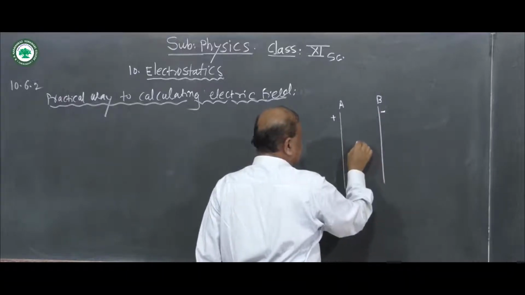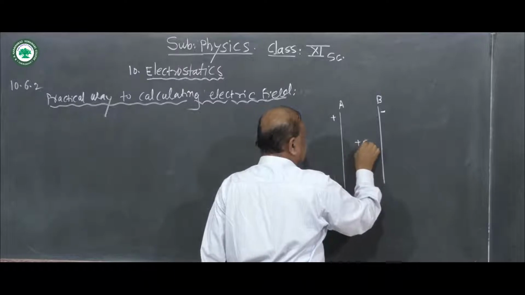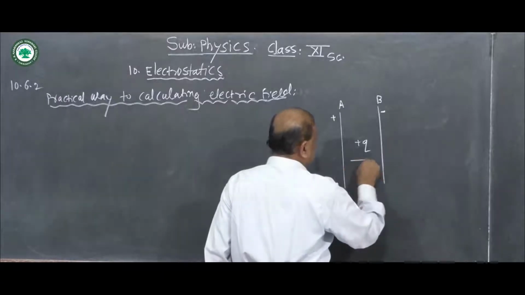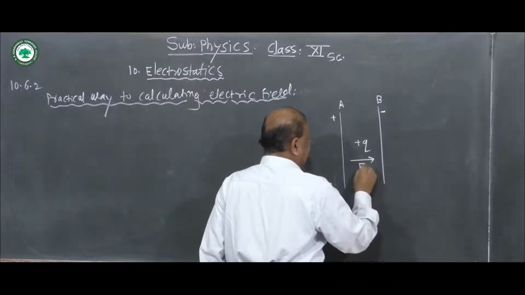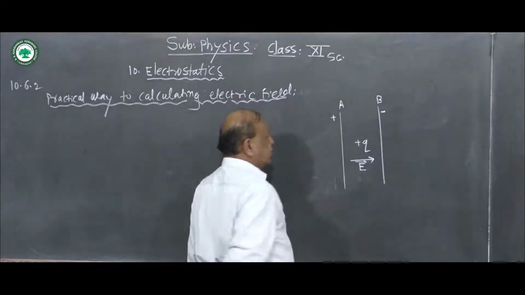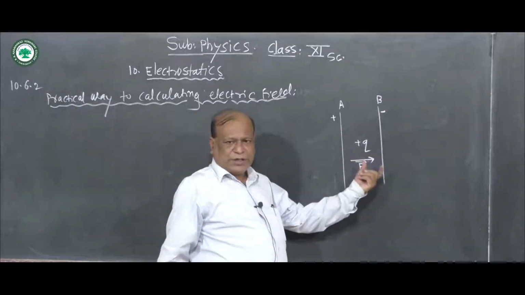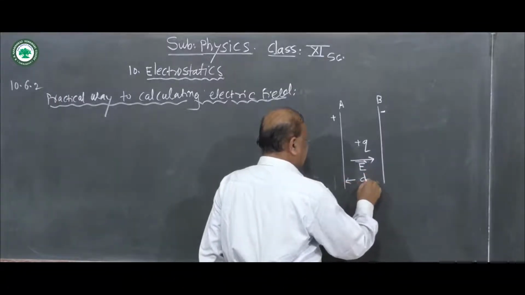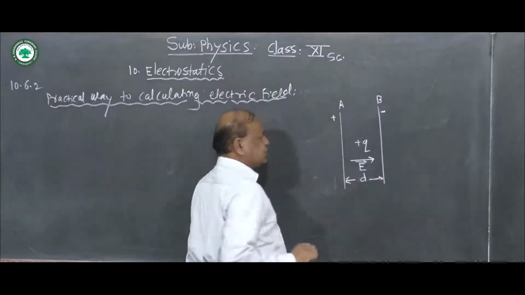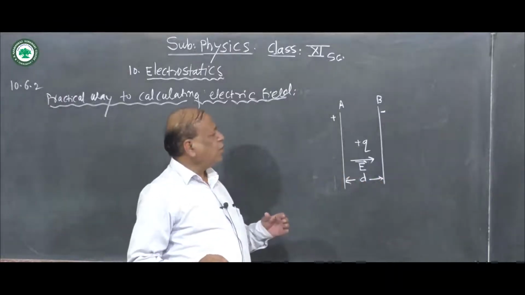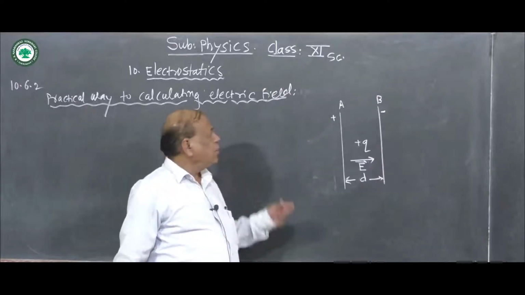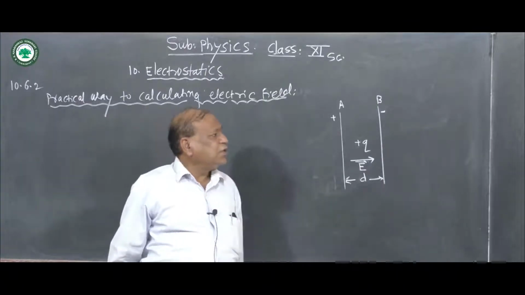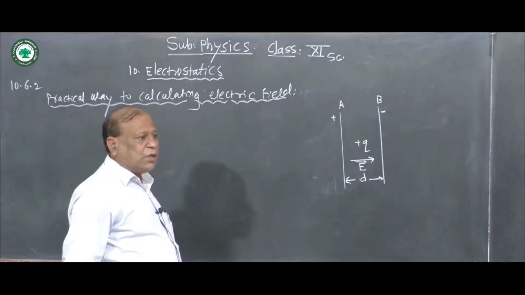In between these two plates, positive charge Q is there, and electric field E is directed from plate A to plate B. These two plates are separated by a small distance d. And now we have to find the value of the electric field produced in between these two plates.